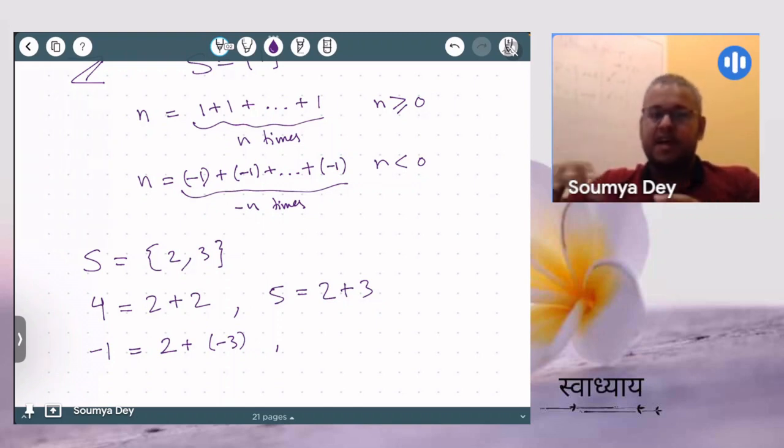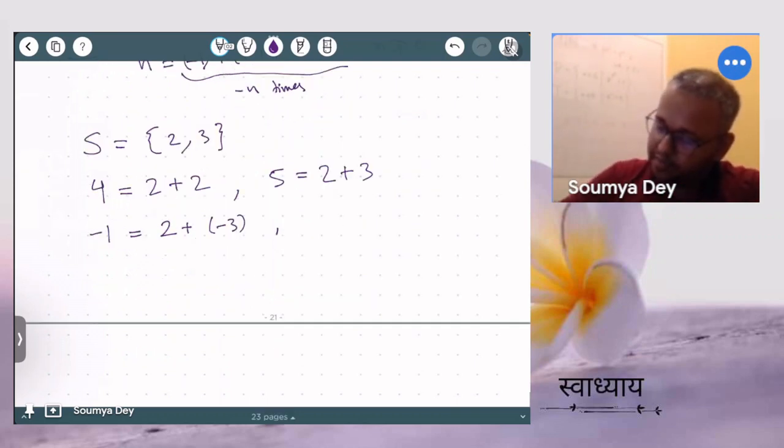So if you have such a scenario, if you can find some such S, some subset of your group, you say that this S is a generating set for your group. Okay.